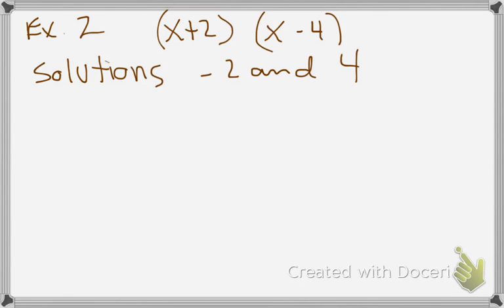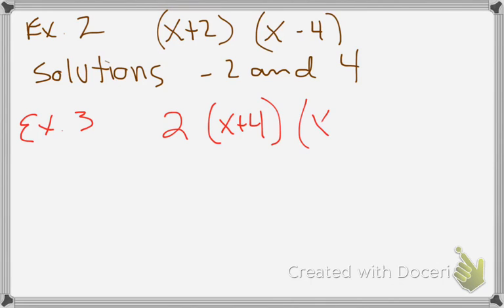Okay, here's an example of one that you might see in your assignment, where it happens to have a number outside. Don't you just distribute the 2 and the 8?